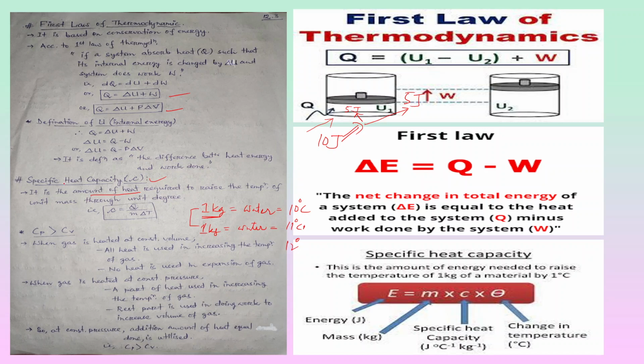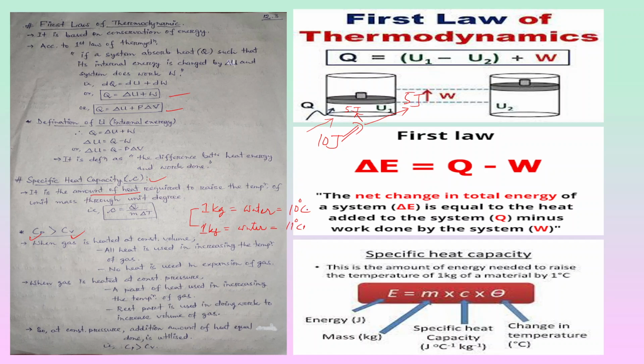Now heat capacity is of two types. That is heat capacity at constant volume, represented by Cv, and heat capacity at constant pressure, that is Cp. And when we keep pressure constant, in that case the heat capacity is greater. For example, we take this same case.